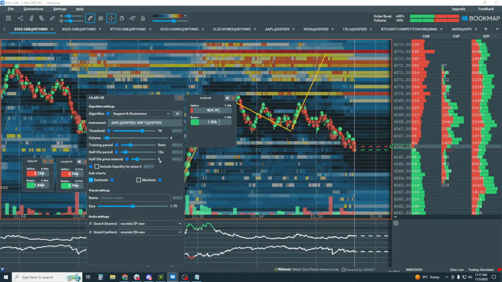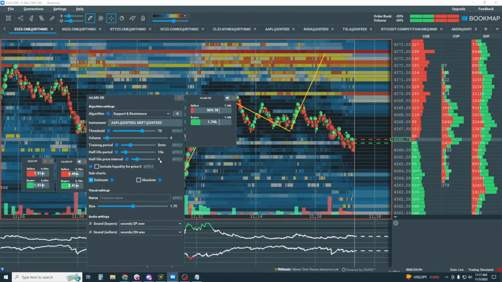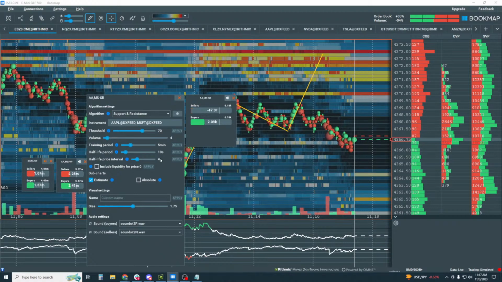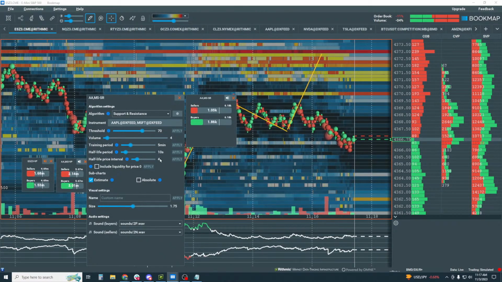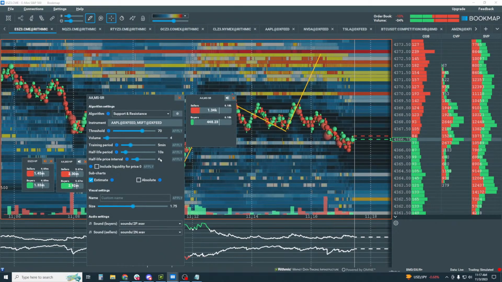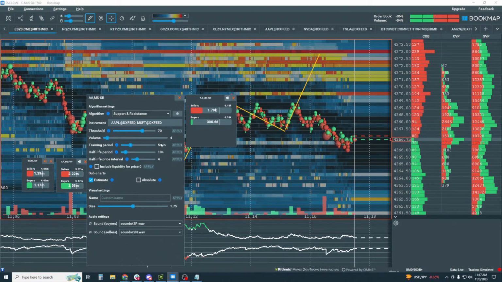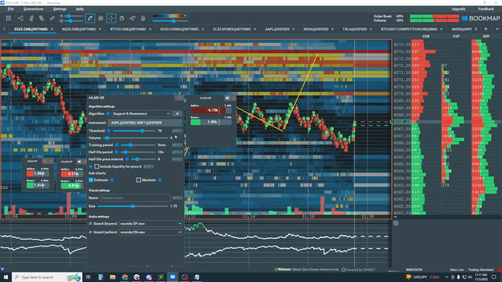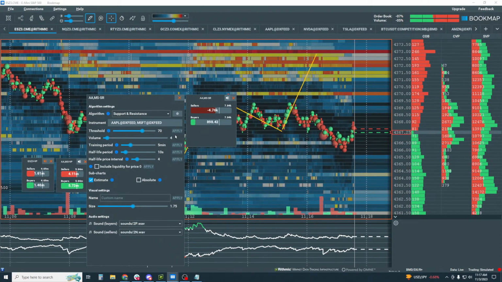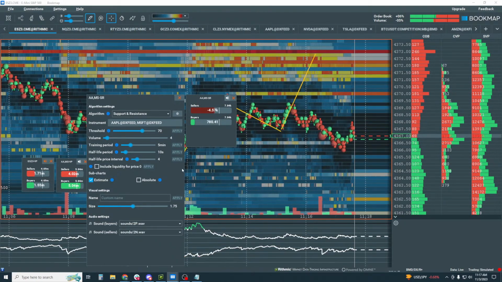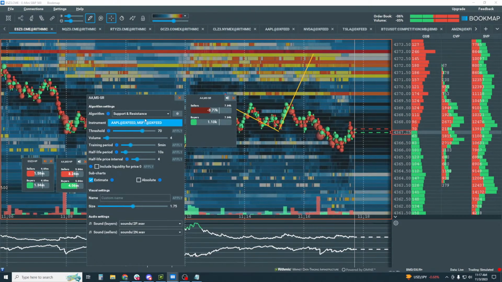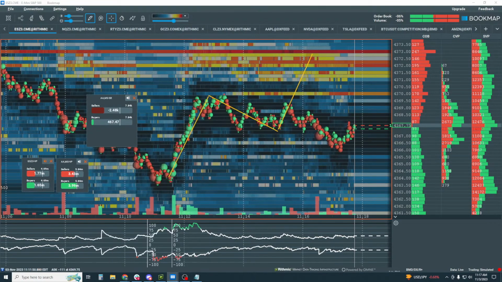So the first 4 ticks are more important. The next 4 ticks after that are going to be half as important as those first 4. And then the next 4 after that are going to be half as important as those previous ones. That is the way it works. So that's how you can play around with these sliders in here to find out what works for you. But that's what it's reading in here.